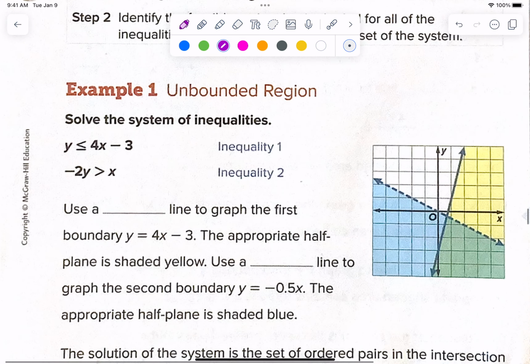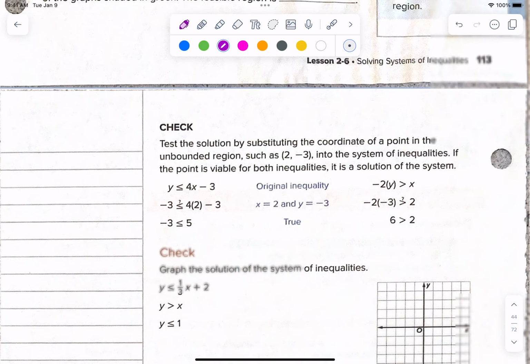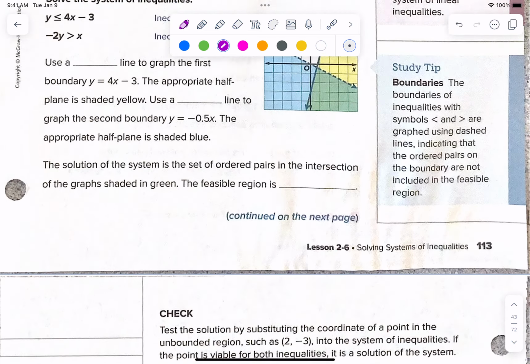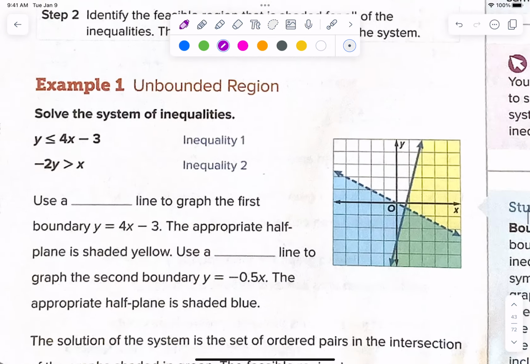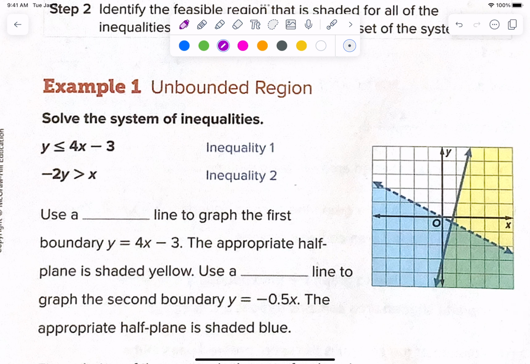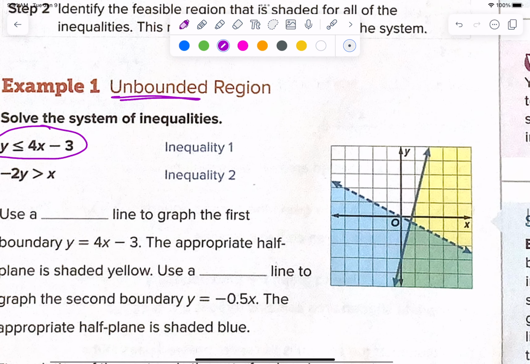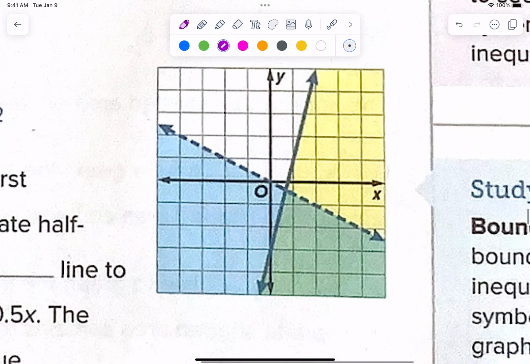Unbounded region, here we go. Let's do, okay, I'm going to talk through this one and then maybe we'll do the check instead, okay? So this one is an unbounded region, kind of like what I just said. And they gave us the first one: y is less than or equal to 4x minus 3. So if I go to graph that, I'm going to start at -3, and the slope is up 4 over 1.